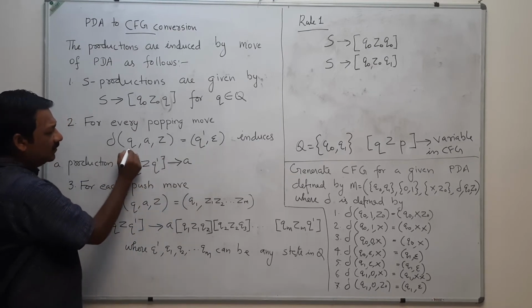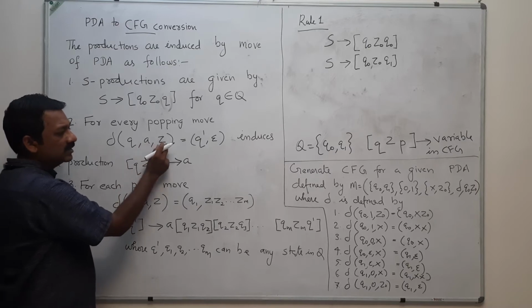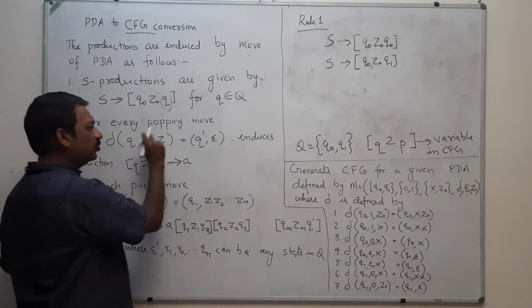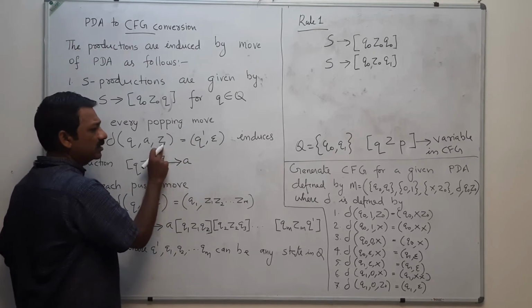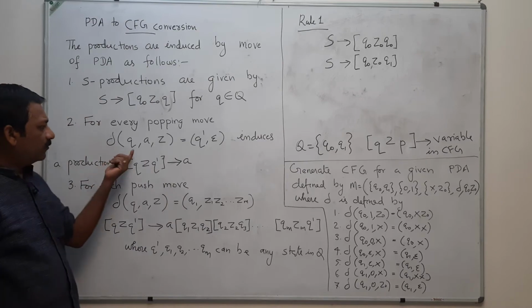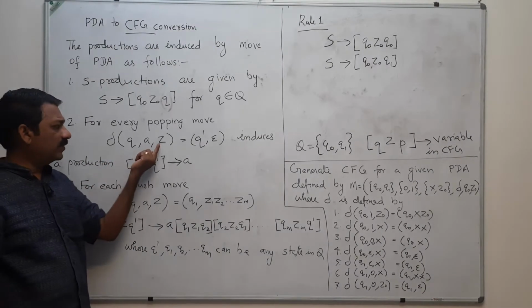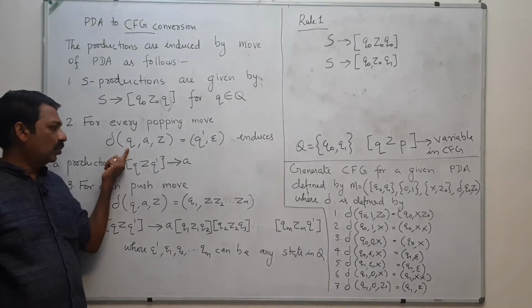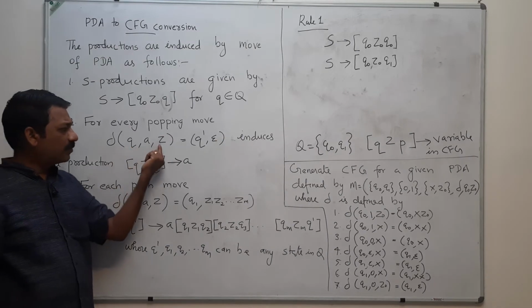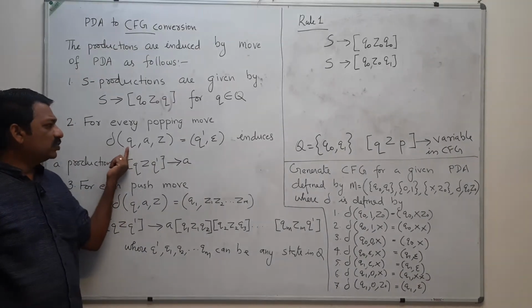That means if the current state of the PDA is q, the input symbol is a, and the current top of the stack is Z, it will switch to a new state q', and it is popping this Z. After popping this Z, that is why here you have epsilon, and this will switch to a new state q'.